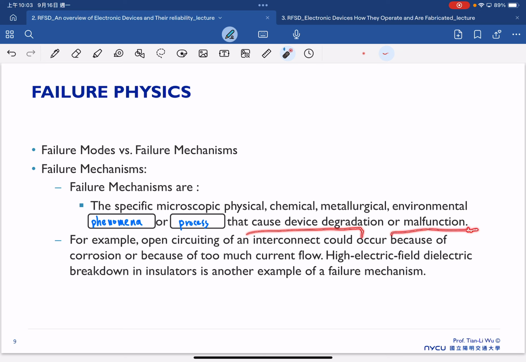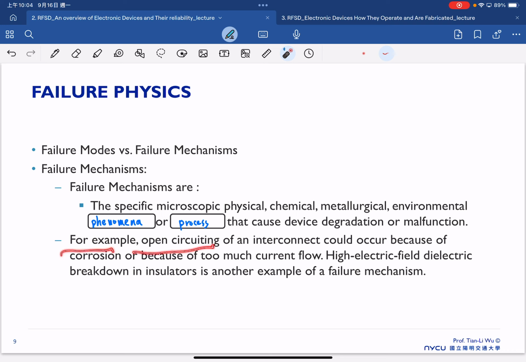So that's a mechanism. A failure mechanism is a specific physical, chemical, mathematical, or environmental reason that can cause device degradation or malfunction.